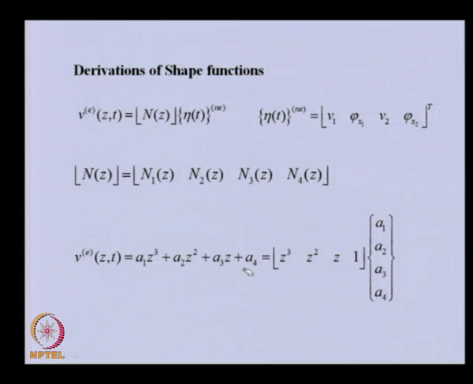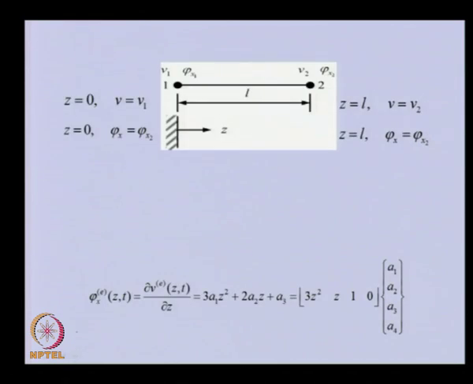This expression we can write as a row vector and a column vector like this. A1, A2, A3, A4 are unknown, and we need to find them from the boundary conditions of the element.